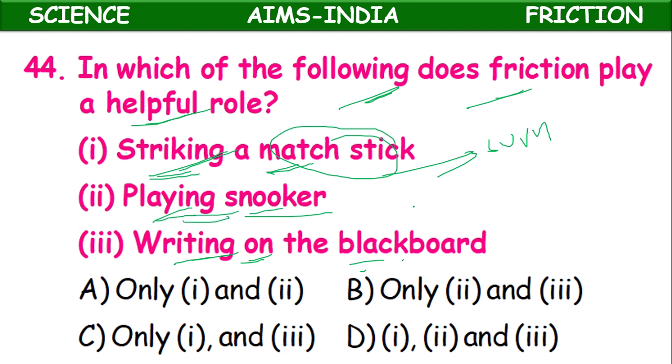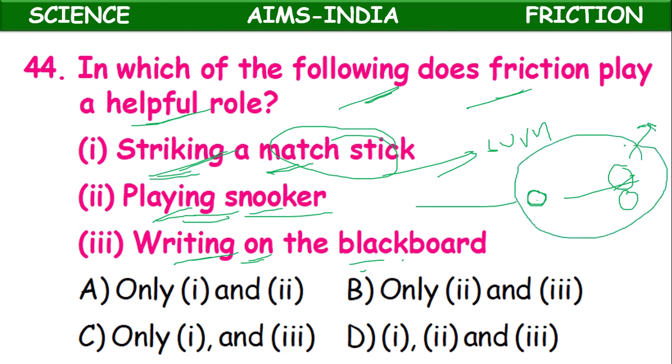Playing snooker. When we hit the ball, when there is no friction, the ball will move continuously. But we have to balance in such a way that it will go and hit the other ball and go to the hole. So while playing snooker or carroms, balancing is very important.